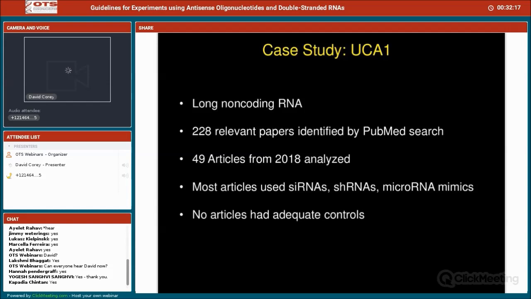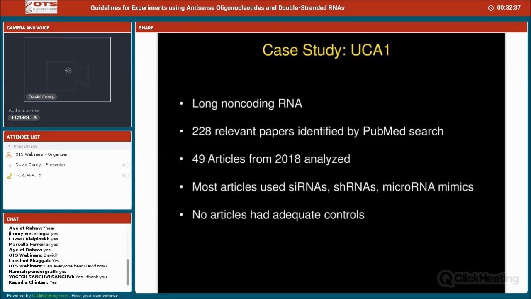This happens to be the first one that I actually looked at and researched. It's a long non-coding RNA called UCA1. About a month ago, I searched on PubMed for this RNA, and about 228 relevant papers have been published over the last 4 or 5 years.